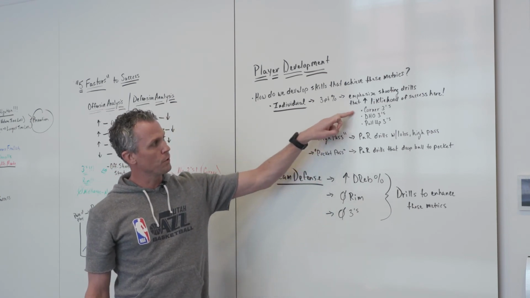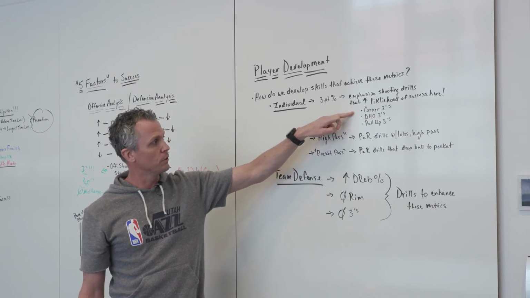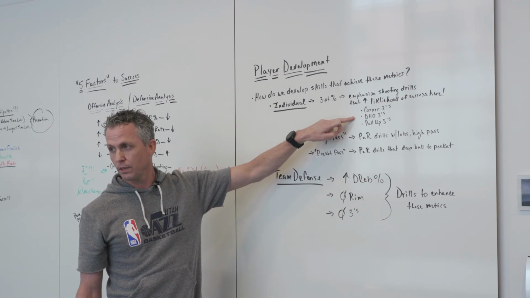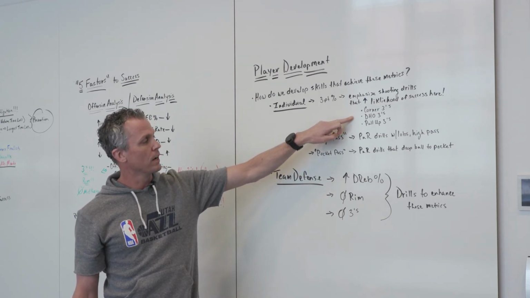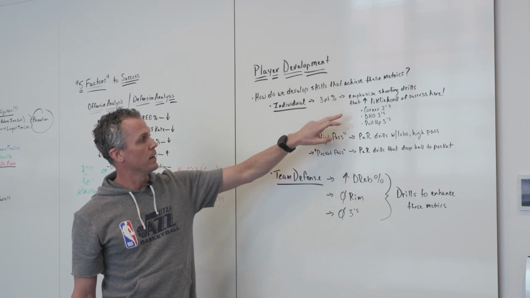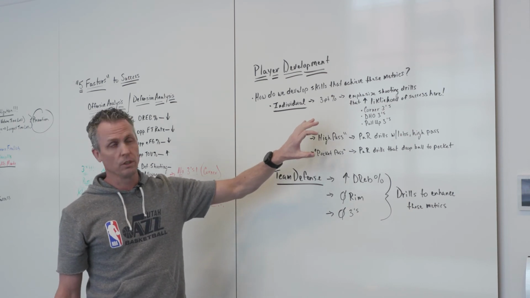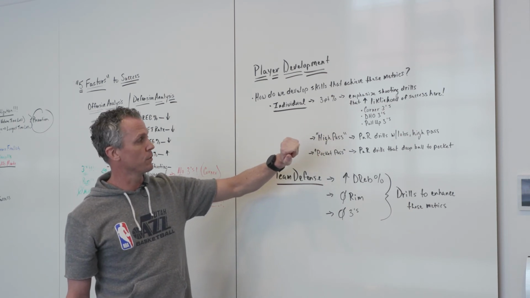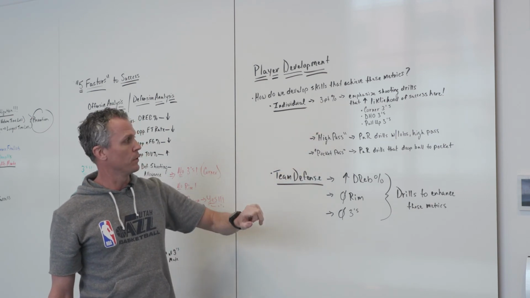Those would be corner threes, which are the threes with the highest percentage because they're closest to the hoop, dribble handoff three-pointers, and pull-up three-pointers. All of these are common three-pointers that we want to find in our offense. So we'll gear our offense to get those types of looks, and we have to practice those the most with our players.